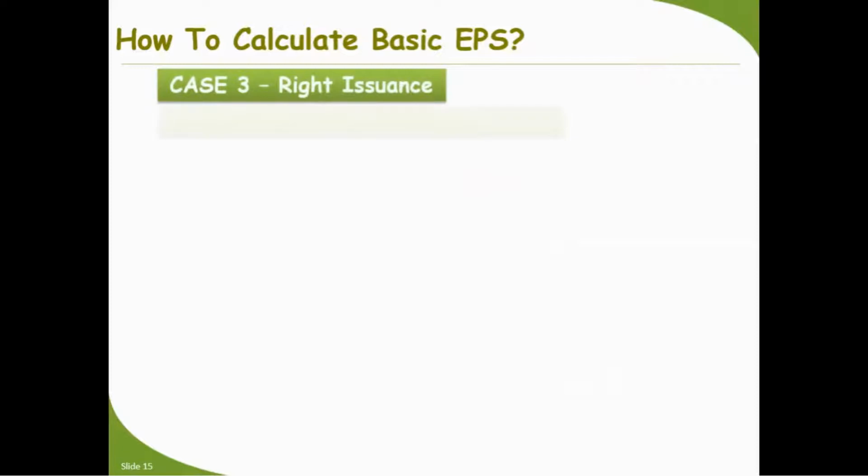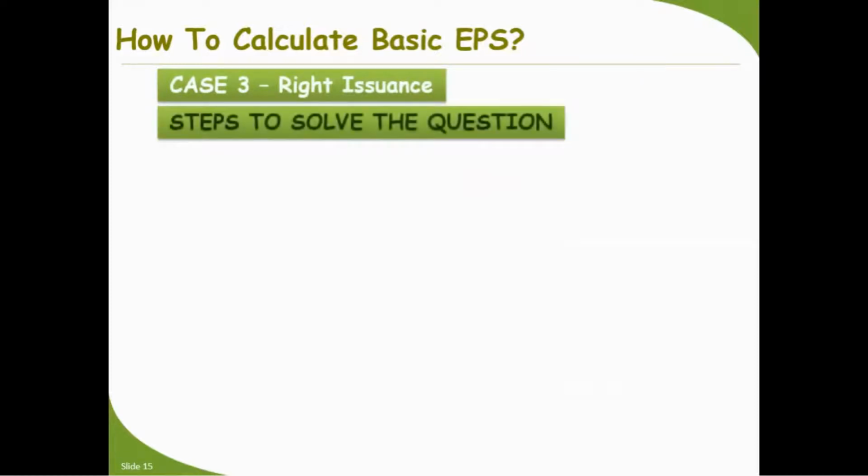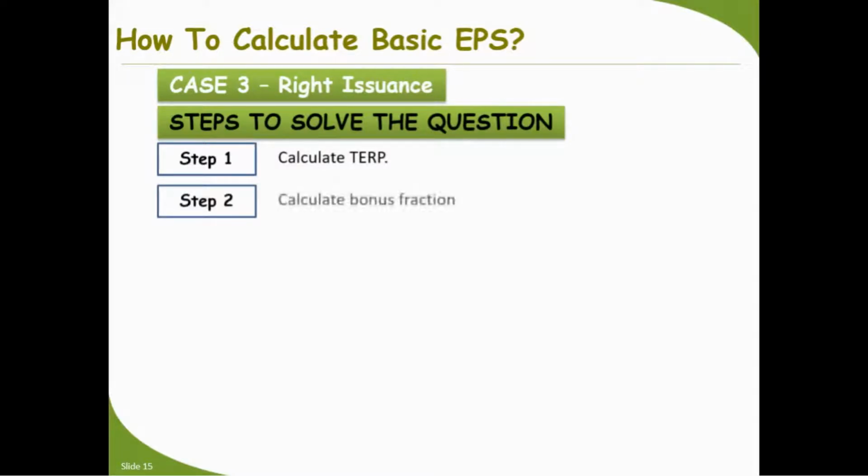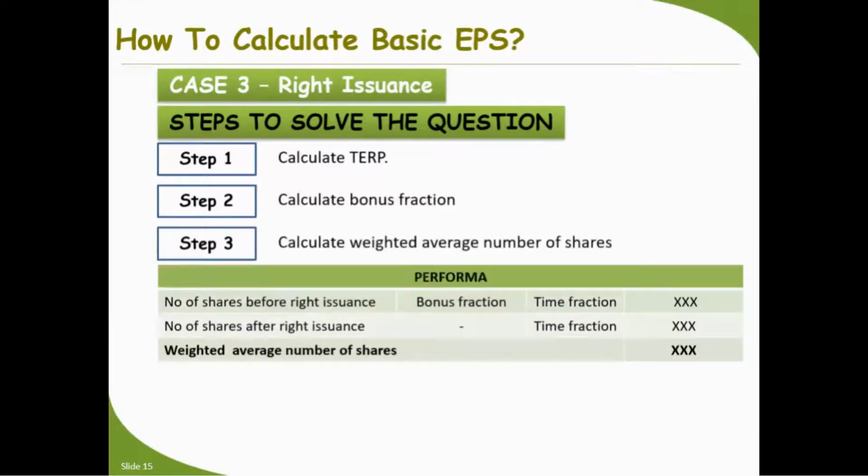Steps to solve the question of case 3, rights issues. Step 1, calculate TERP. Step 2, calculate bonus fraction. Step 3, calculate weighted average number of shares using this format.